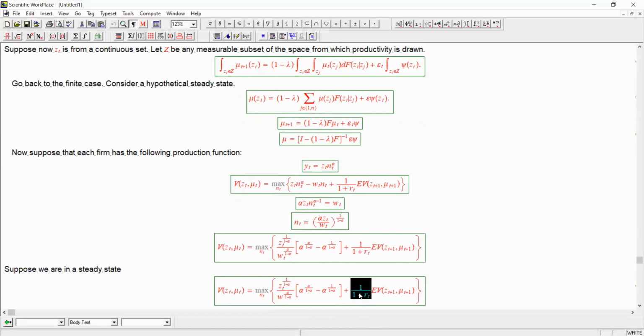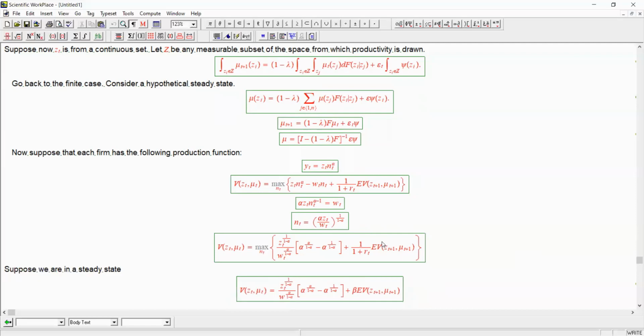And if we suppose that there's no growth and no population growth for simplicity, this is just going to be the discount factor of the agents. We haven't seen their preferences yet, but we'll get to that soon. And that's it. This is going to be our value function.